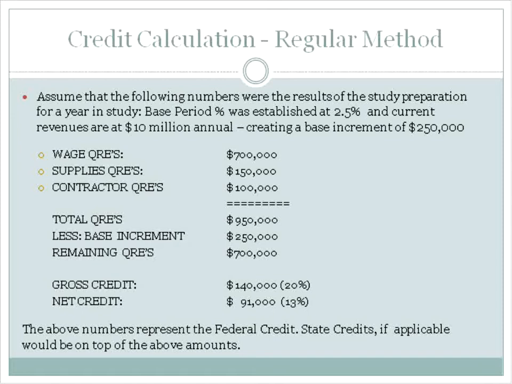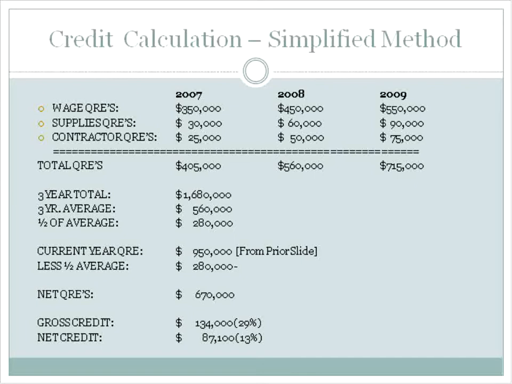So that could be a substantial credit for 1 year. And don't forget, on the regular method, I can go back 3 years. So if I'm able to go back, I'm looking at roughly this kind of credit 3 or 4 times over. Whereas if I go to the simplified method, that's a credit for the current year only, and I could look at it going forward.